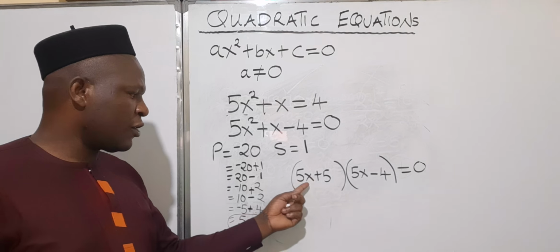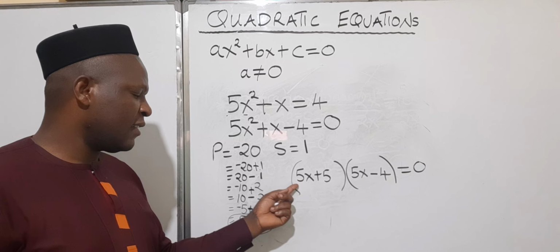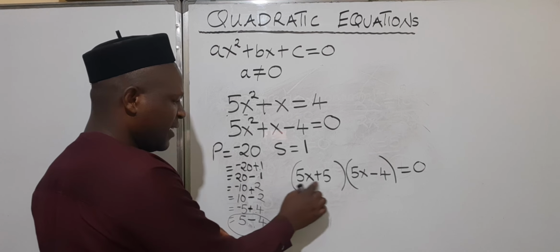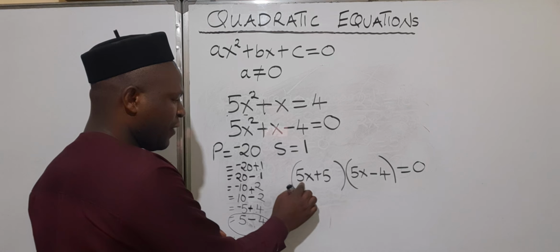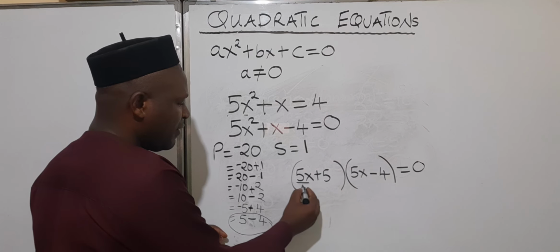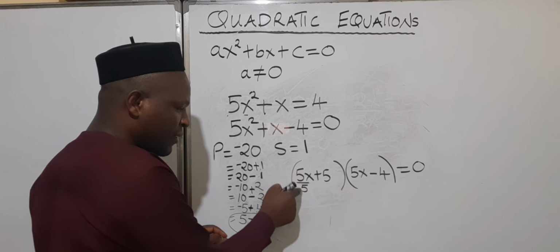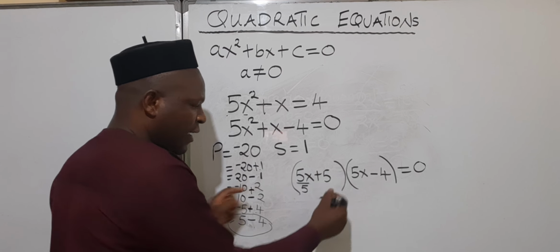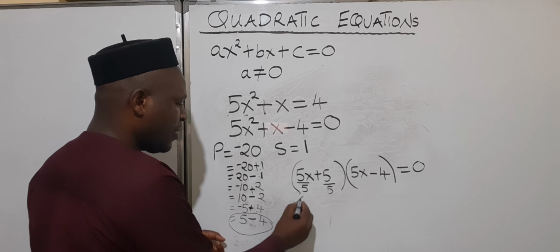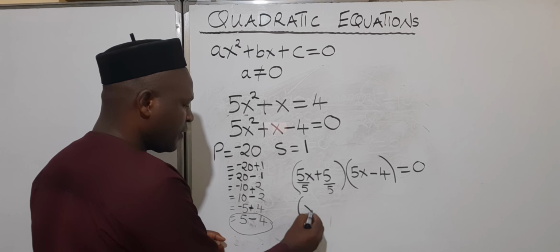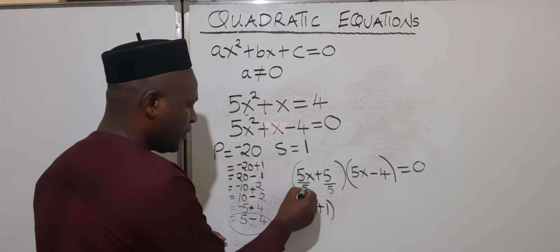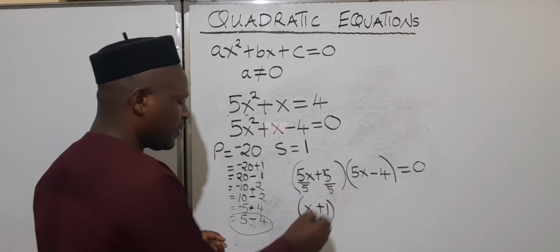At this point, make sure you divide within the bracket the coefficient of x or whatever variable is there. So I divide both sides by whatever number is there within the bracket on both. So here I'm going to have x plus 1. This and that. This and that.